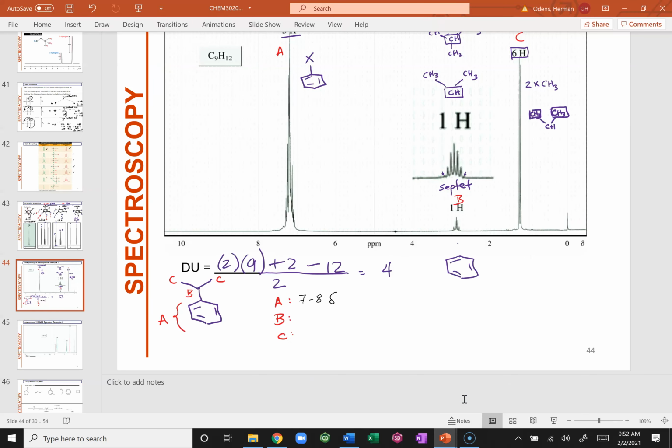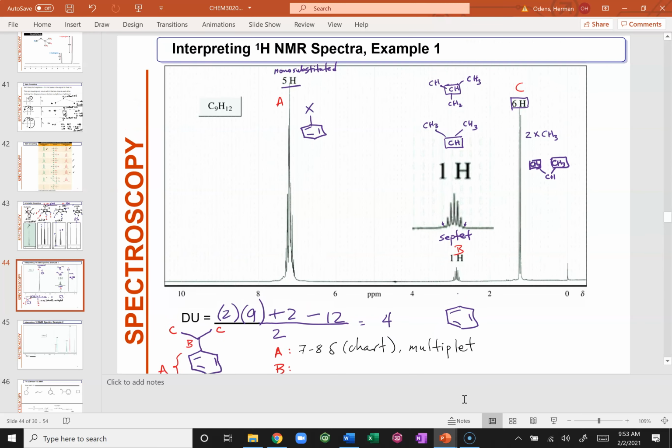Then it's a chart value. It has a multiplicity of what? It's a multiplet. When it's a mess like this that you cannot assign any shape, just call it a multiplet. It's a multiplet that integrates for 5 hydrogens.